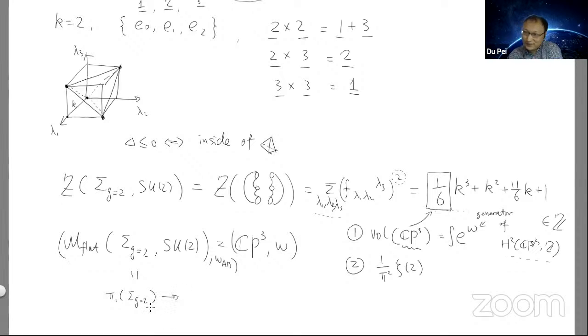There's a particular presentation of the pi1 of this that can be made very explicit. And then you literally get this system of equations, and then you can recover CP3. There are different ways. There's another way of seeing this. I think this is by a theorem of Narasimhan and Seshadri.